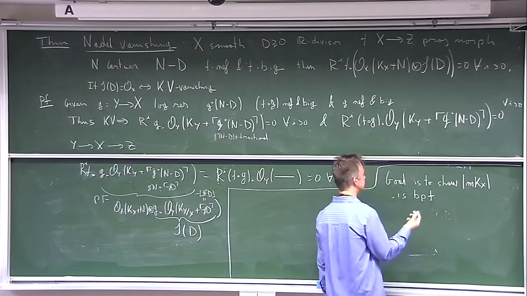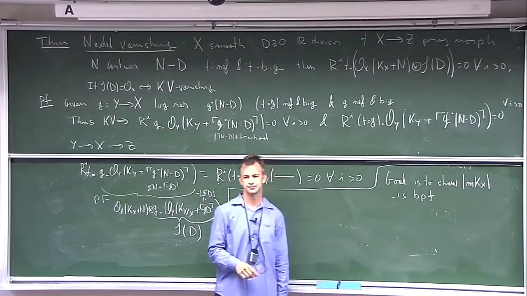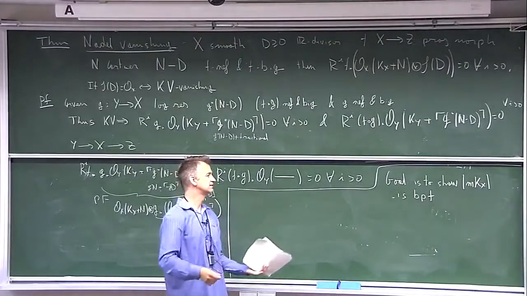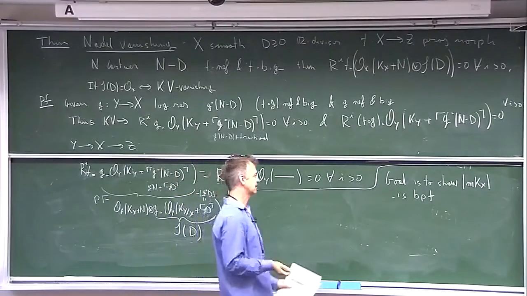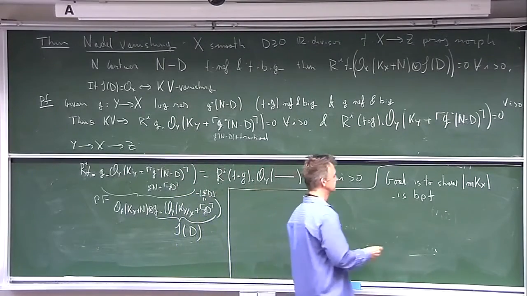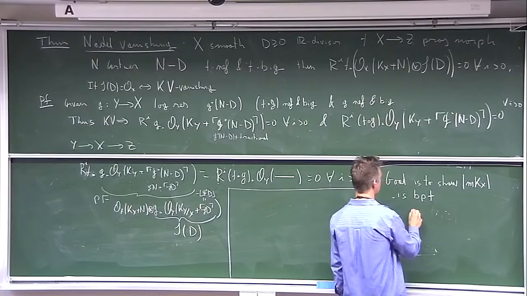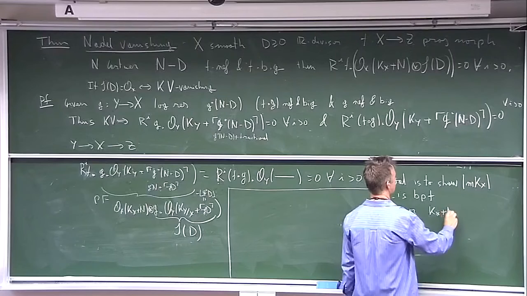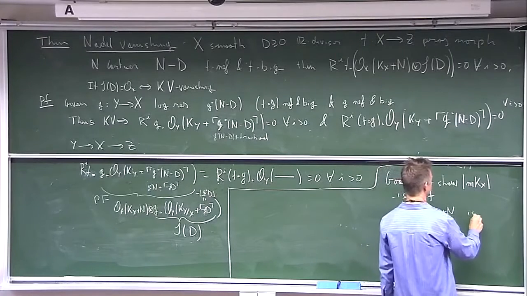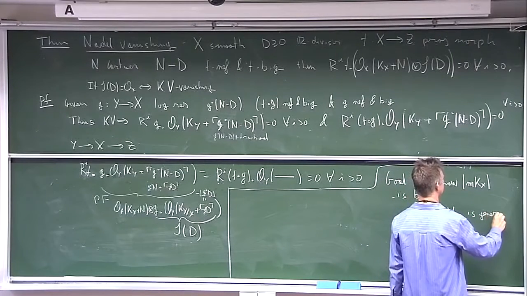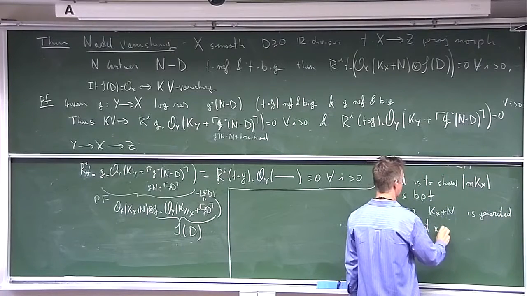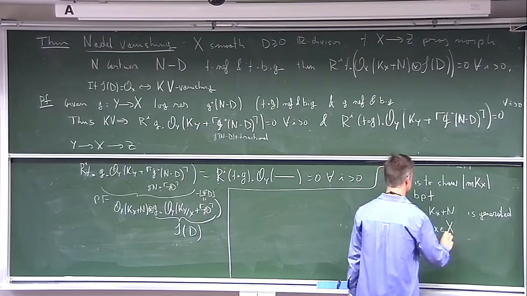This is a typical, very lofty goal. Some multiple of some divisor in some effective way has sections. So that guy, or maybe something of the form K_X plus N, is generated at some point x in X.